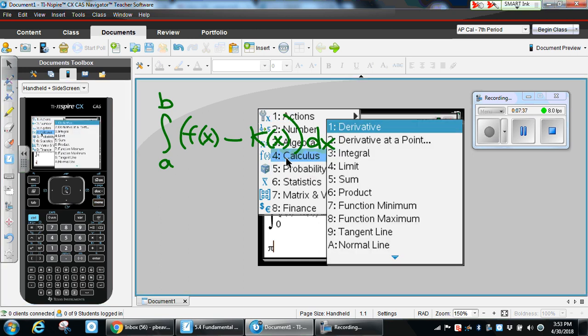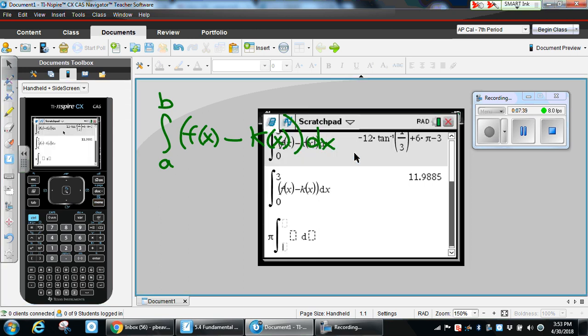Menu. Calculus, integral. I'm recording this for Alyssa. And remember, this is formula 61 from the 300 formulas you're supposed to learn.